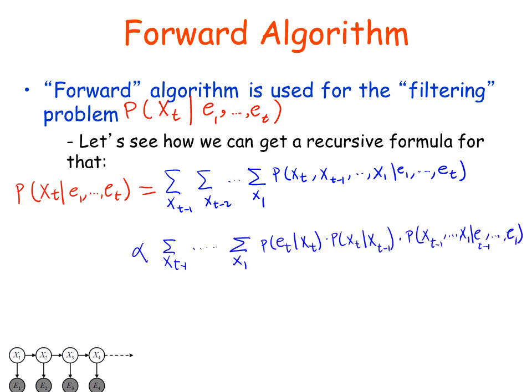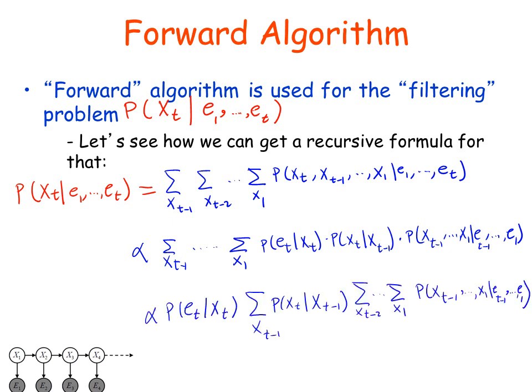Then, based on the independence assumptions encoded in the HMM, the probability inside can be decomposed as follows: p of et given xt times p of xt given xt minus 1 times p of x1, x2 up to xt minus 1 given e1, e2 up to et minus 1.